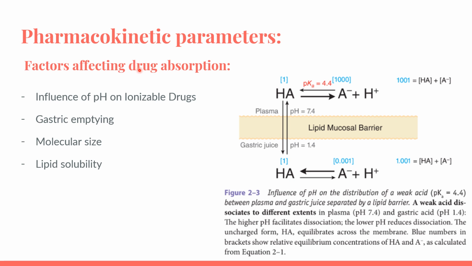First, some factors affecting absorption are the pH, because we know that for a drug to be absorbed, it has to be in the non-ionized form, because otherwise it will not be able to pass the plasma membrane. So if the drug is ionizable and it is put in a medium where it will be ionized, then it will not be absorbed. Also, we have the gastric emptying, how fast the stomach empties its content, the molecular size of the drug, and the lipid solubility of the drug.